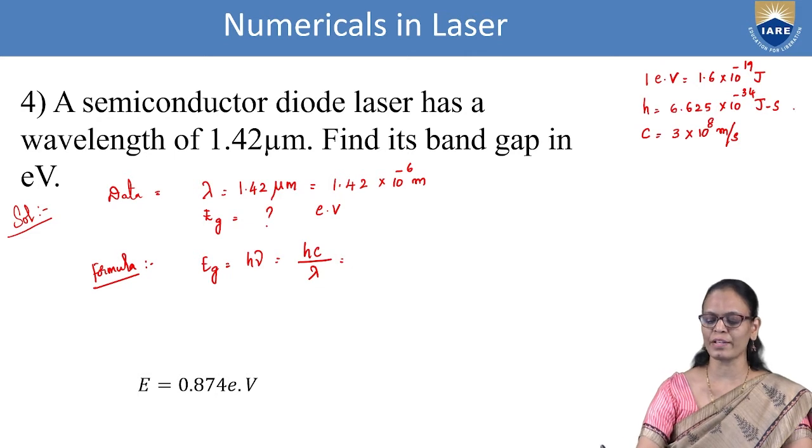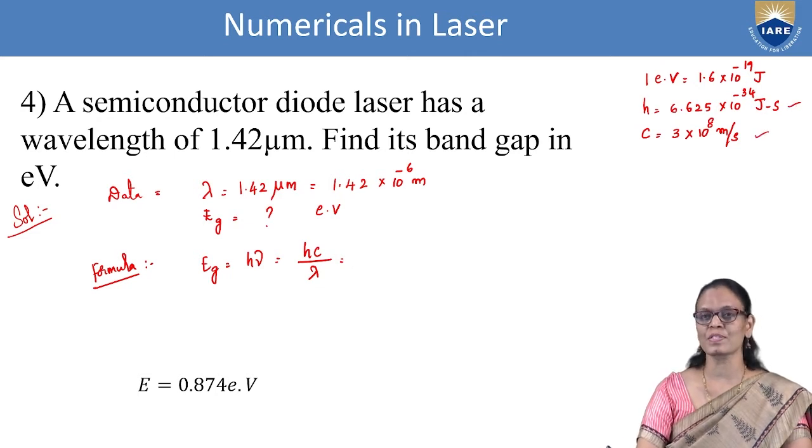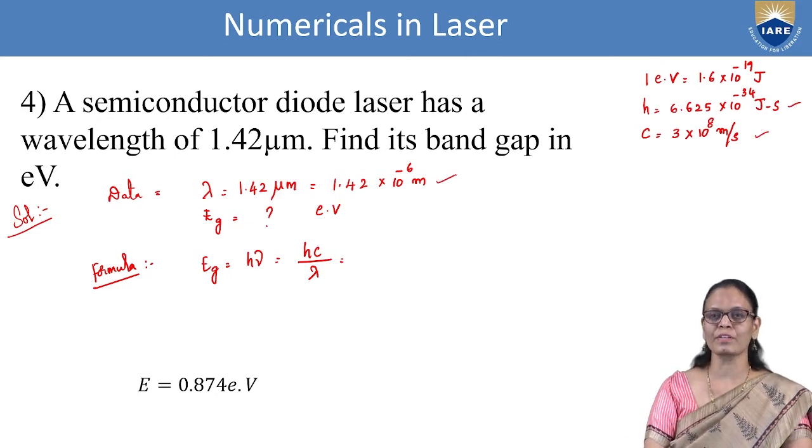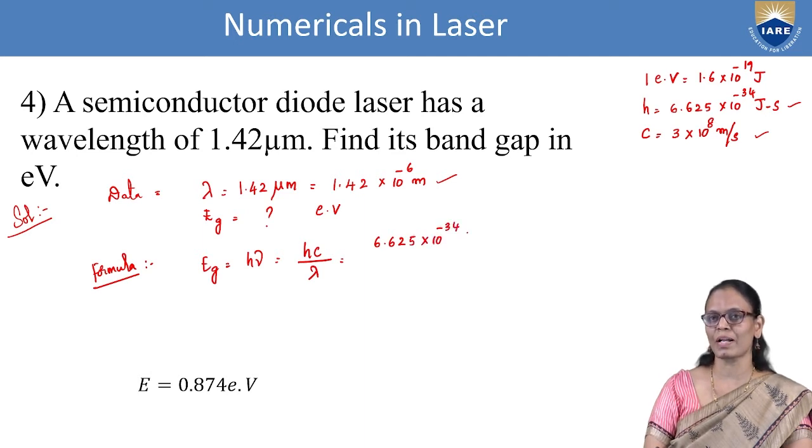Just substitute the value of h, value of c, and also the value of lambda, which we have converted into meters. So 6.625 into 10 power minus 34 is the value of h. c is 3 into 10 power 8 upon lambda 1.42 into 10 power minus 6.